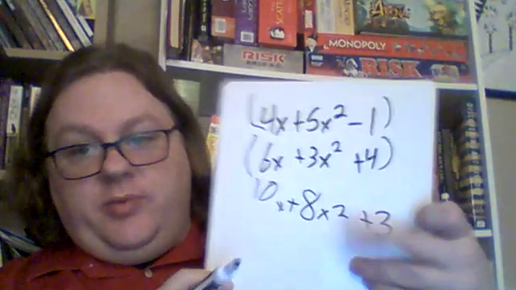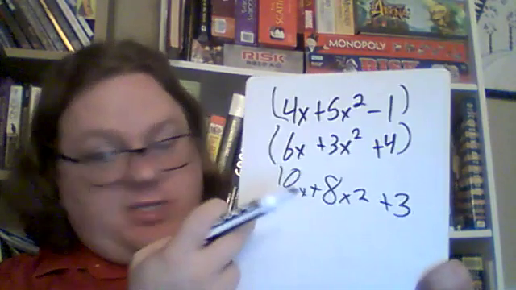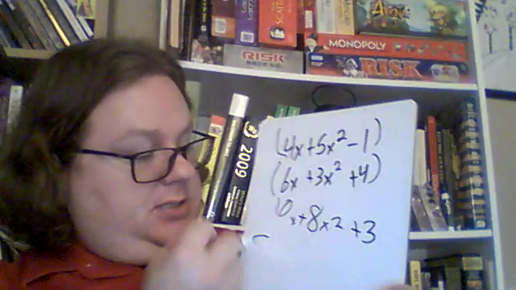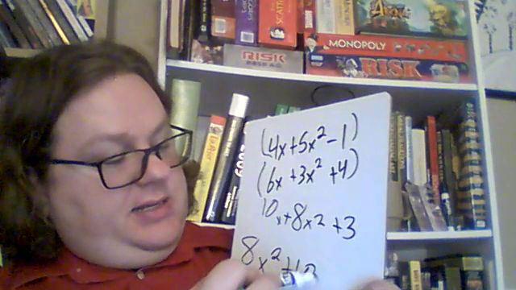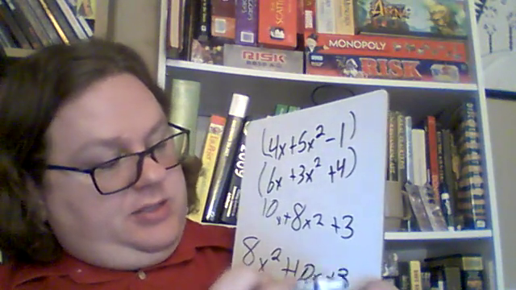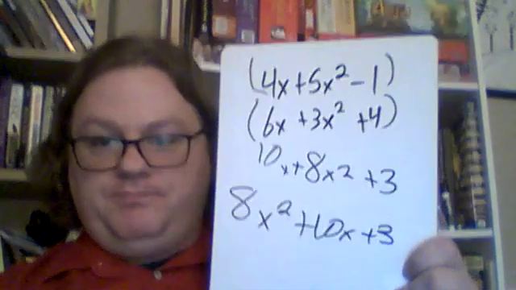So to rearrange this in the order we normally do it, we put the x squared first. You always put the highest exponent the furthest to the left. So 8x squared plus 10x plus 3. And then we're done.